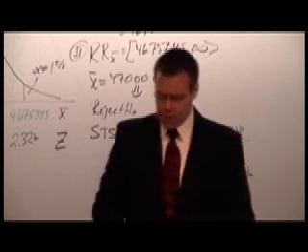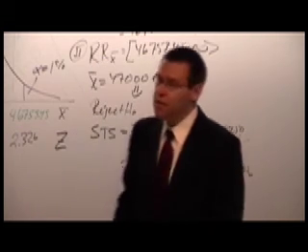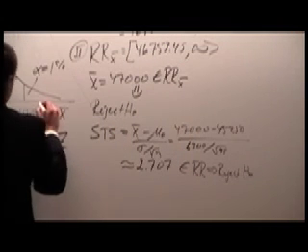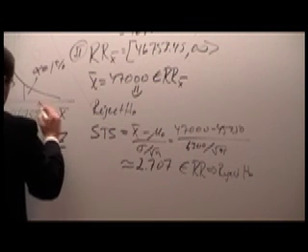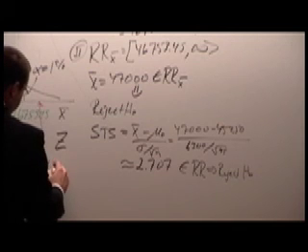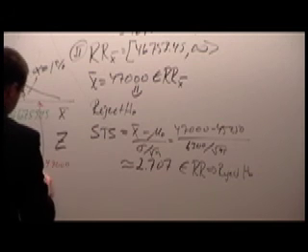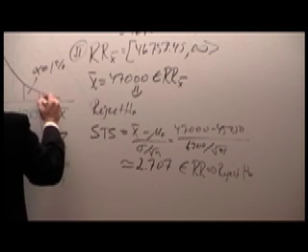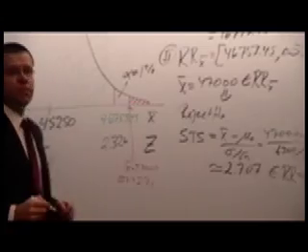It will be less than alpha, and since alpha here is 1%, it's less than 1%. So let's say that this is x bar equal to 47,000, and the standardized test statistic is 2.71. So we're interested in that area.